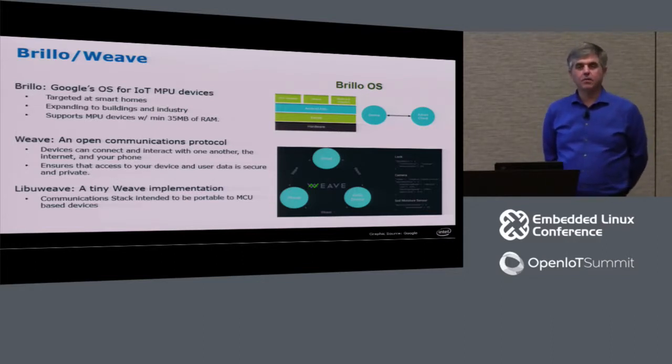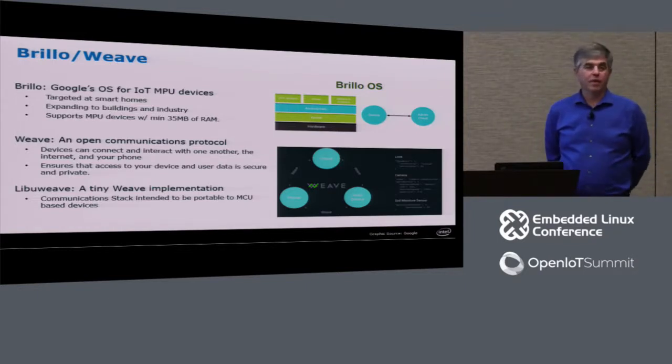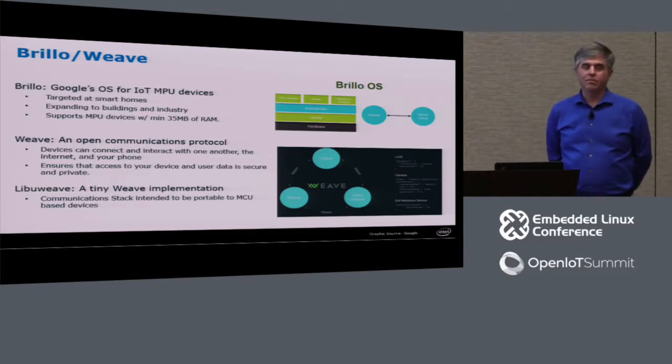It's really targeted for the embedded space as opposed to the phone and the tablet or the TV space. It's not a graphical GUI like you have in Android. So it's very much a subset of what you have in Android. It does require devices with an MMU. So it's for the MPU devices, not the MCU devices. libmicroweave is an implementation of the Weave communications protocol for MCU devices.